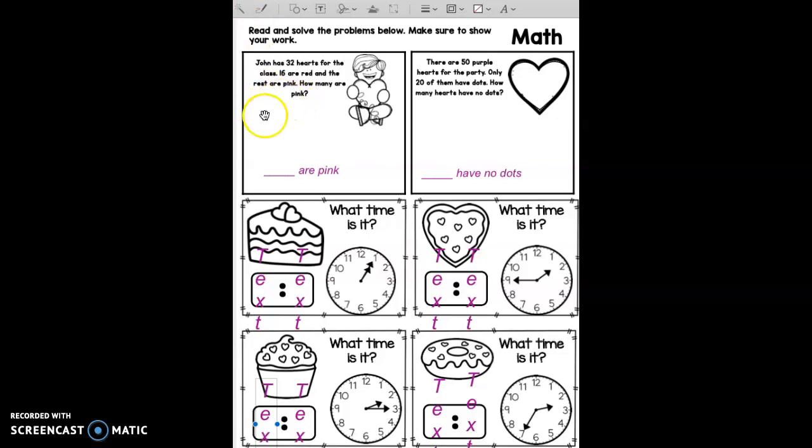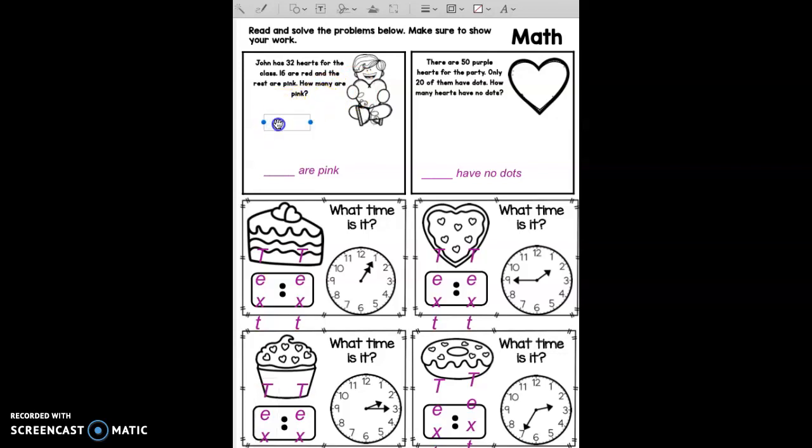The first word problem at the top says John has 32 hearts for the class. 16 are red and the rest are pink. So he wants to know how many are pink. All right.